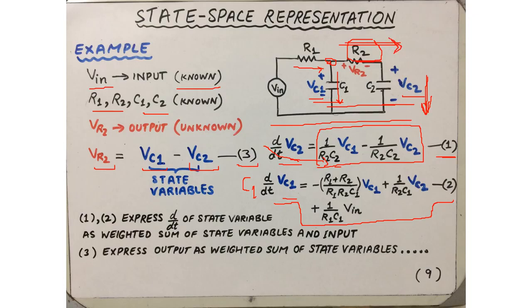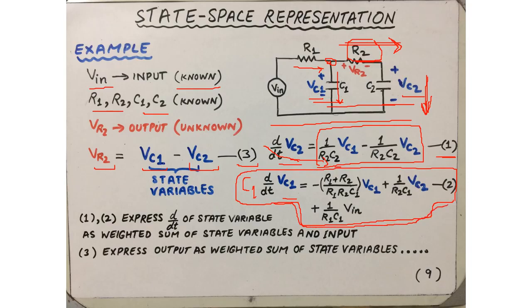So the current through R1 is Vin minus Vc1 over R1, and the current through R2 is Vc1 minus Vc2 over R2. And if you solve this equation, you will arrive at the form shown here. So take this as your homework exercise and verify that both equations are correct.